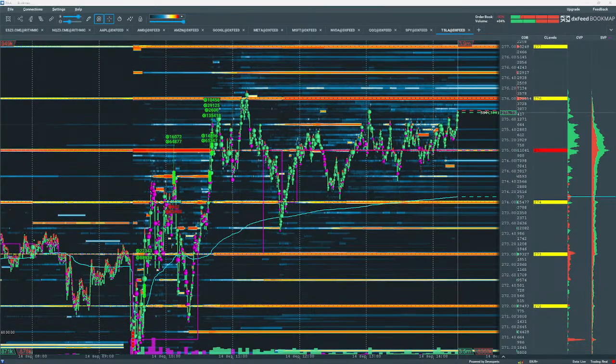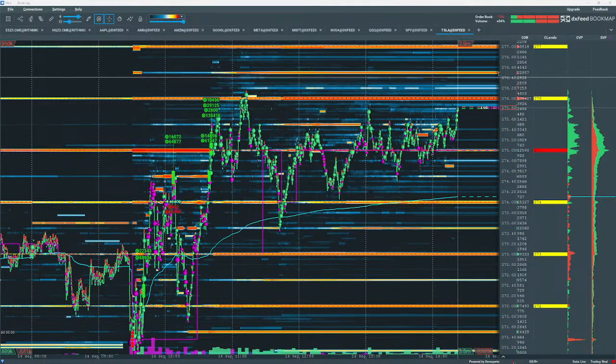So in Tesla, here is your long pullback entry if you miss the initial move at the open, up to the liquidity at the 275 level, acting as a magnet for price.